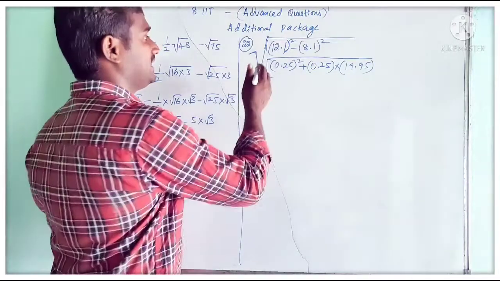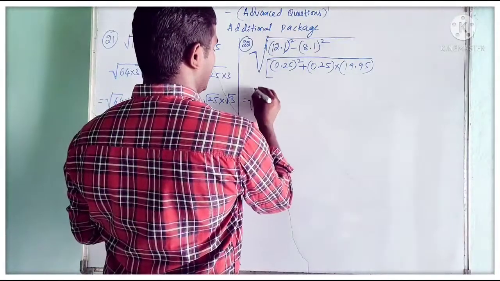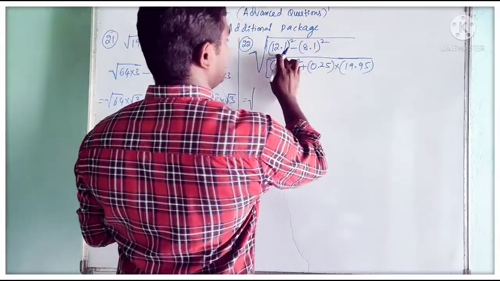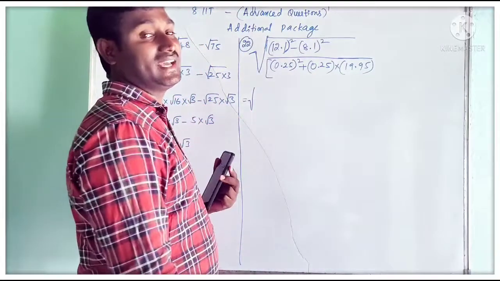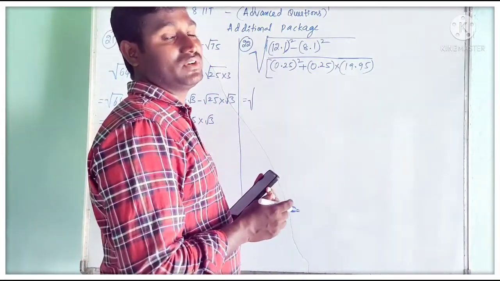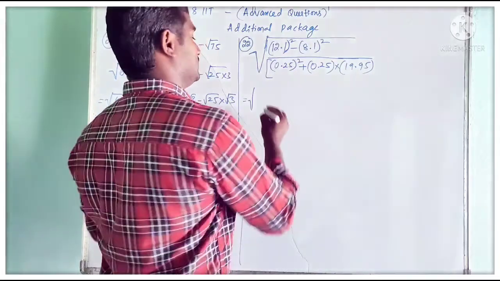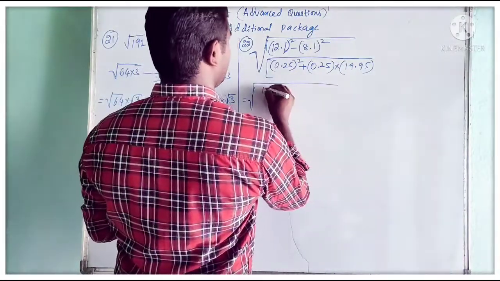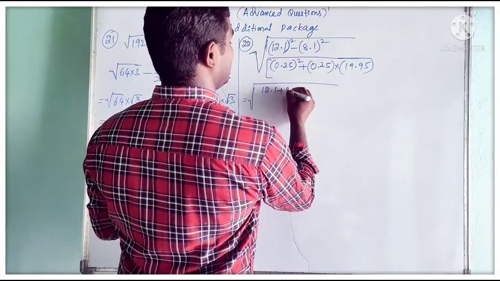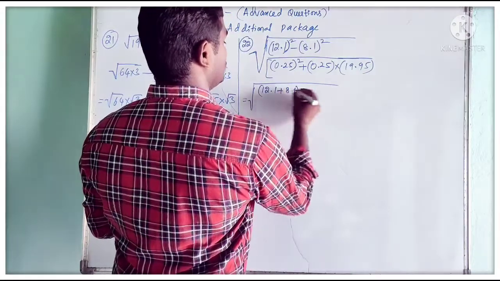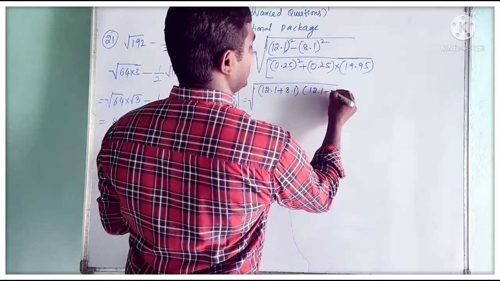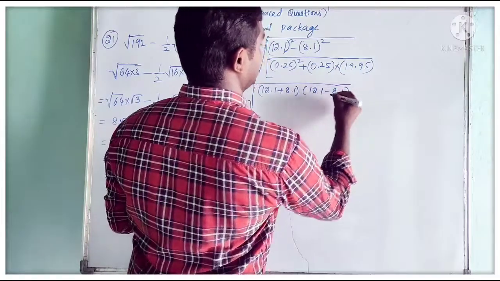In the numerator we have a square minus b square, which we can write in the factorization form, a plus b into a minus b. So 12.1 plus 8.1 into 12.1 minus 8.1.